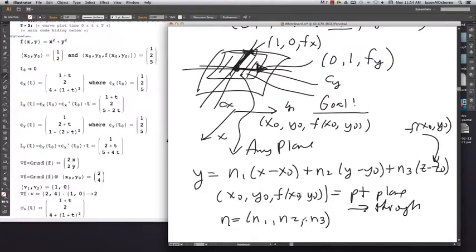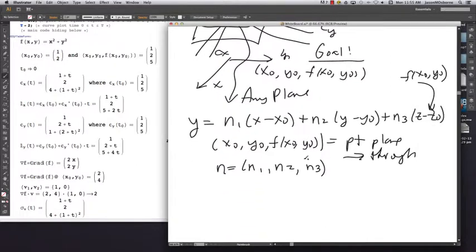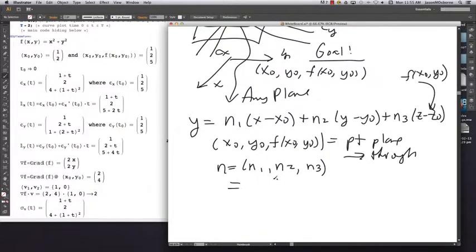What is this going to be? Well, it's the normal vector. There's n. And we have two vectors that we know are in the plane, and we want to find the vector that is perpendicular to both of them. So n, or n1, n2, n3, should just be the cross product of 1, 0, f sub x with 0, 1, f sub y.